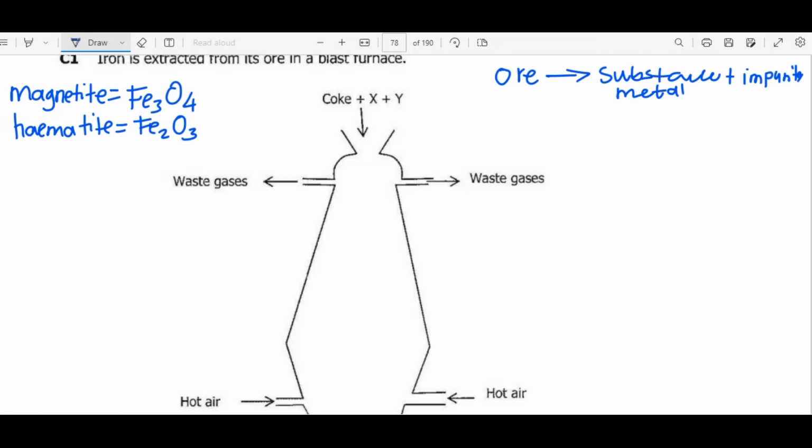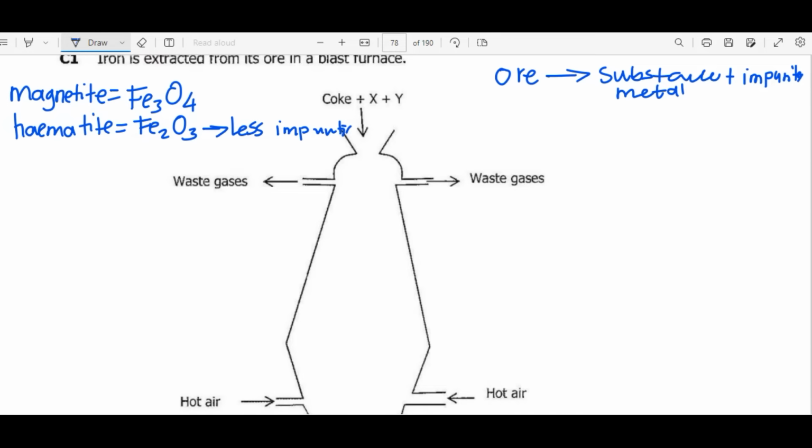Now why is hematite commonly used as the ore during the extraction of iron? Because it has fewer impurities. So this is the reason that you need to give whenever you are asked why hematite is preferred to magnetite.